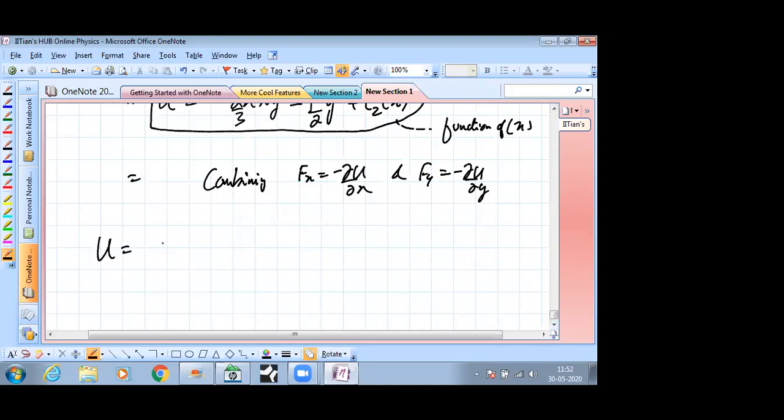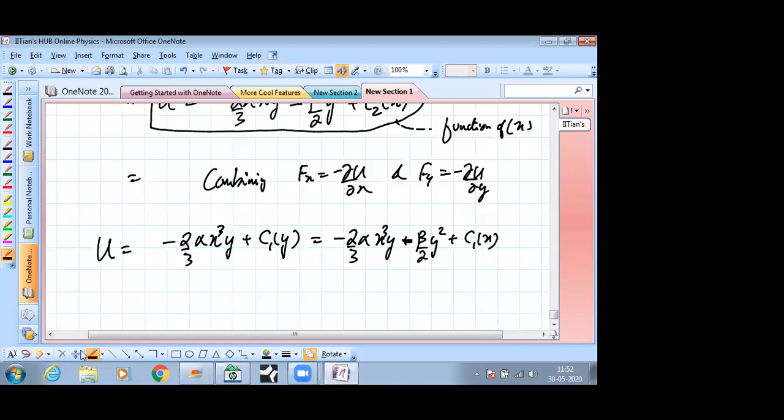It was minus 2 by 3 alpha x cube y plus some kind of a function of y, and from here we got that it is minus 2 by 3 alpha x cube y minus beta by 2 y square plus some kind of a constant, which is a function of x. This is the relation we're getting.